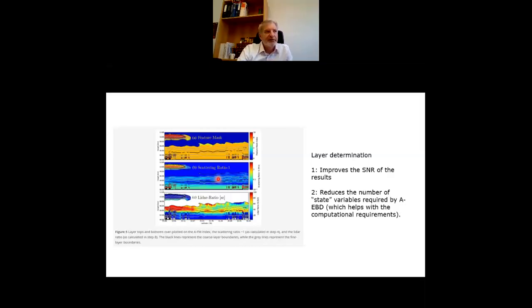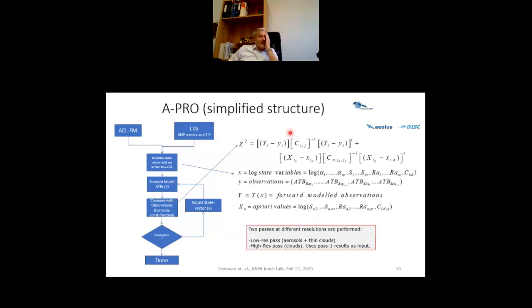If we use too few layers, we will be underrepresenting things. And then all this information gets sent to the next step, which is in its character a very different approach.